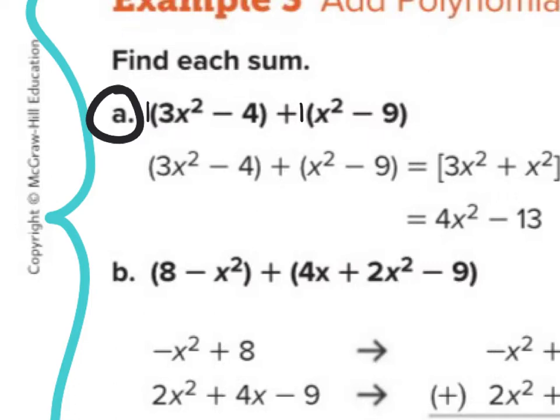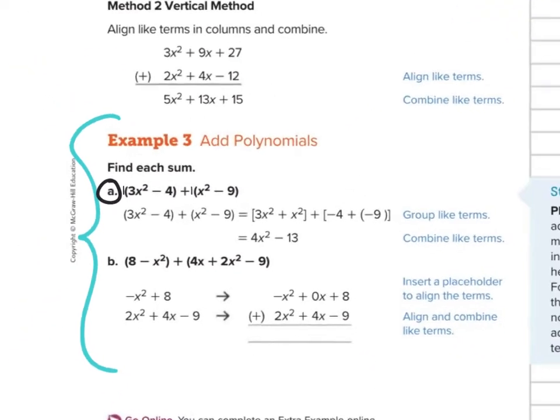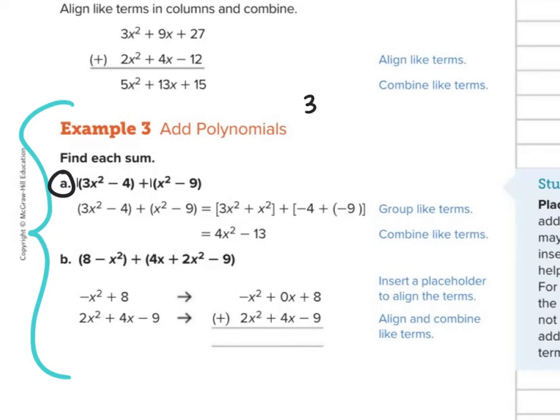No. So this one, we're just going to rewrite it without the parentheses, okay? So over to the side here, 3x squared minus 4 plus, what could I put on the x squared since it doesn't have a coefficient at the front? 1x squared minus 9. Okay, so I rewrote it without parentheses.